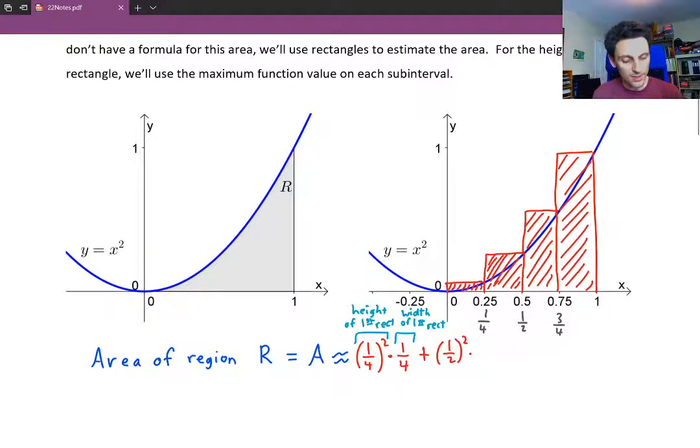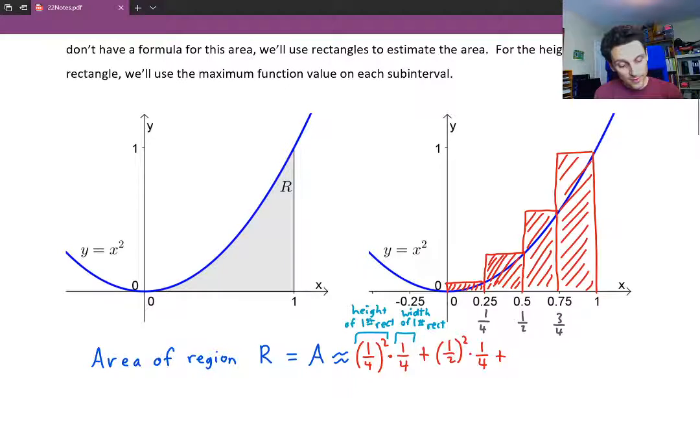You can do a half minus a fourth. Or just note that all of these subintervals have a width of a fourth because we chopped up the interval from 0 to 1 into 4 subintervals. So the width of each of those rectangles will be the width of the subintervals, which is 1/4. Each of these is going to have a width of 1/4.